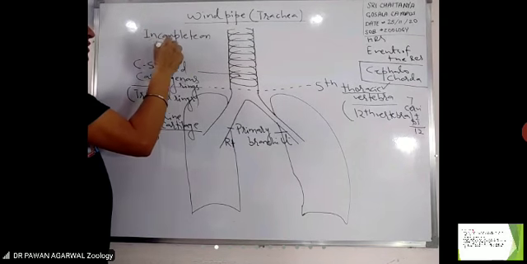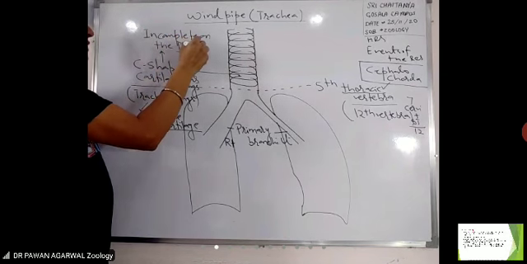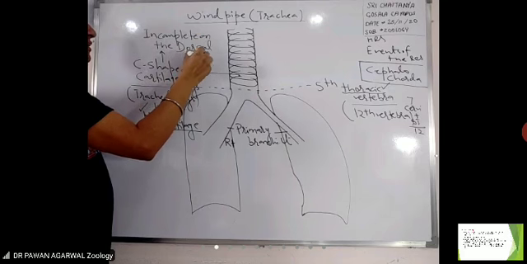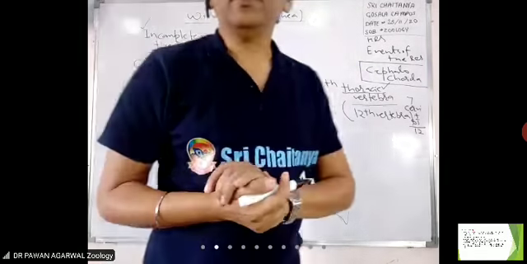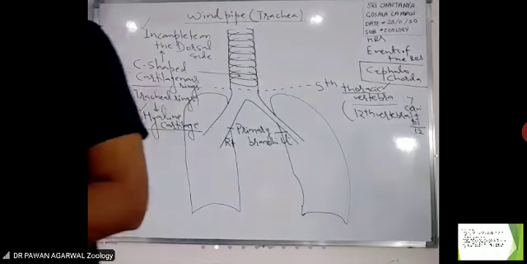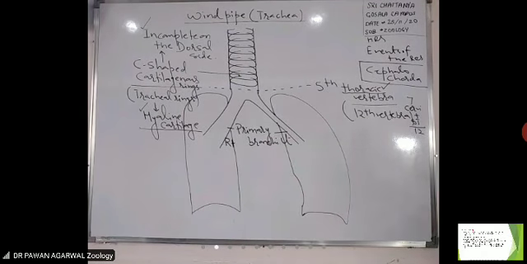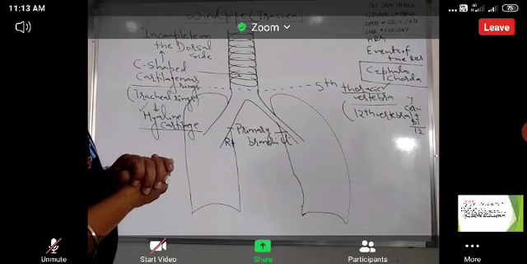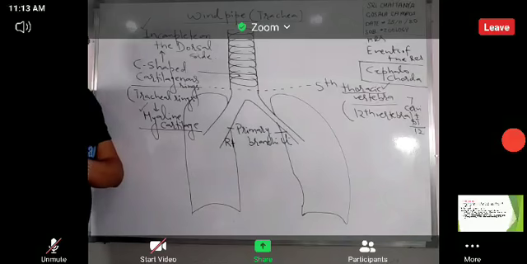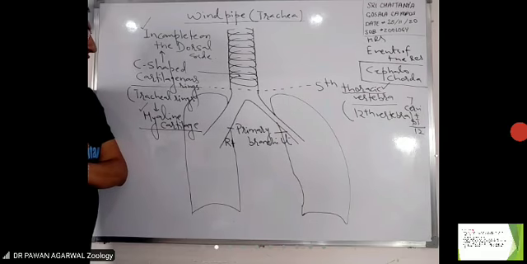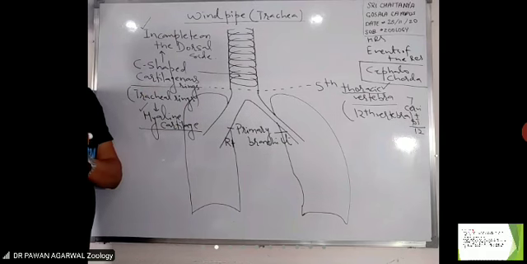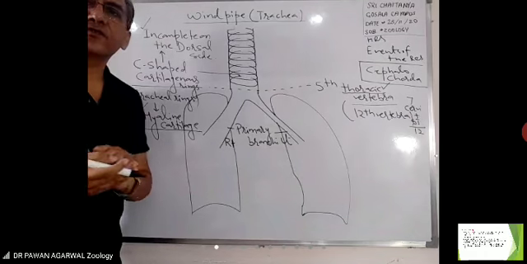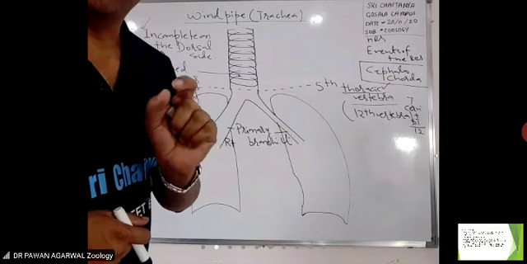Very important: they are incomplete on the dorsal side. So they are C-shaped cartilaginous rings made up of hyaline cartilage, the tracheal rings, and they are incomplete on the dorsal side.